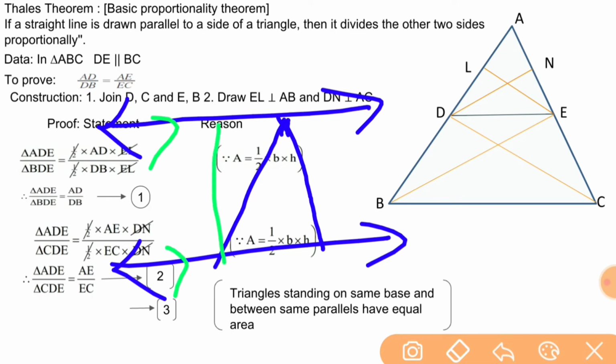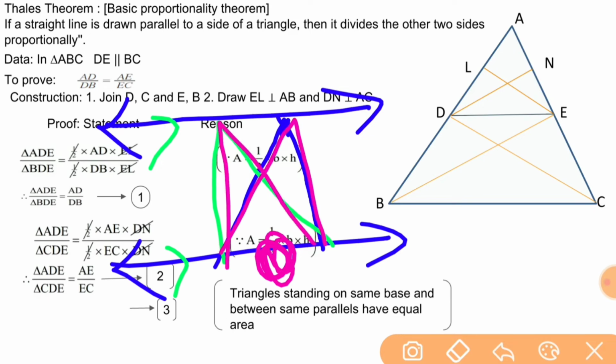If there is a triangle standing on the same base, this is the same base, right? Both triangles are standing on the same base. One triangle is on this side, another triangle is on this side.